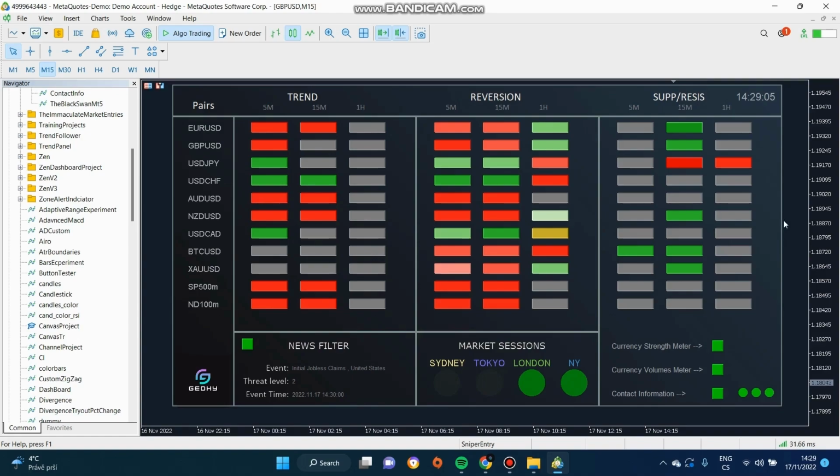So let's check it. Basically, if you spot a green field, then it means that there is a support zone, and if you spot a red field, then it means that there is a resistance zone. So for example, just let me refresh the indicator and let's check it. For example, here EUR USD 50-minute time frame.